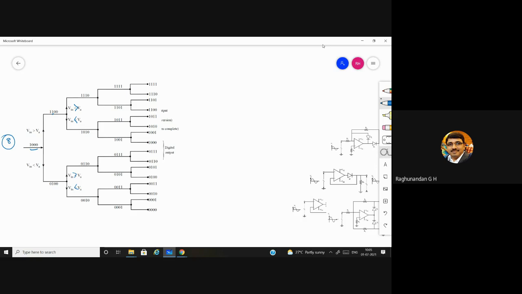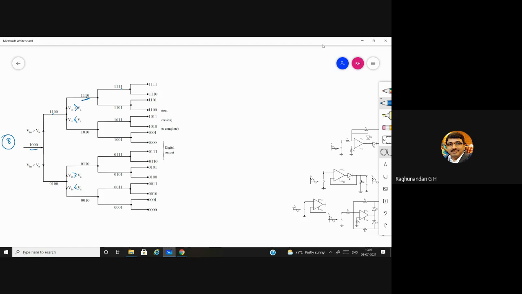Again now 1 1 1 0 we are having. If the input value is greater than this converted value, then the next bit will also be made high. If the input is lesser than this, then the latest bit which was changed is made 0, and the next bit will be made 1.